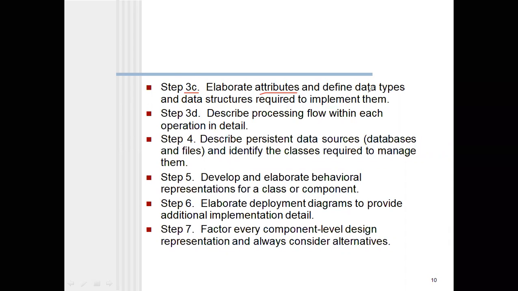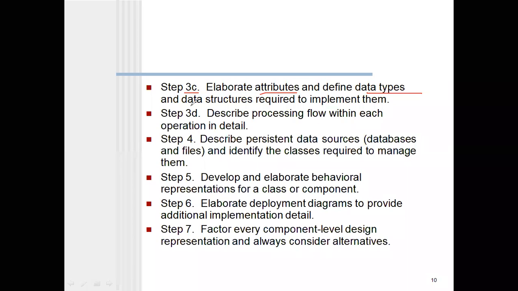Attributes, data types, data. You need to elaborate the attributes and data types, whatever you have used in a data structure to implement. In UML we have one kind of syntax or structure to define the attributes and data types within a data structure.